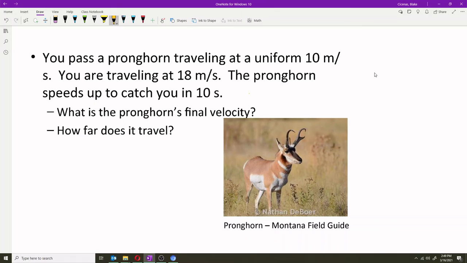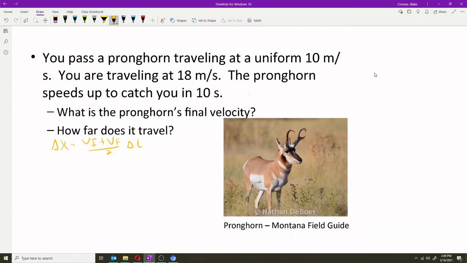Well, we know from the previous slide that delta x is equal to (vi + vf)/2 times delta t. The problem is we do know the time, but we don't know the distance or the final speed of the pronghorn, so we can't use that yet.